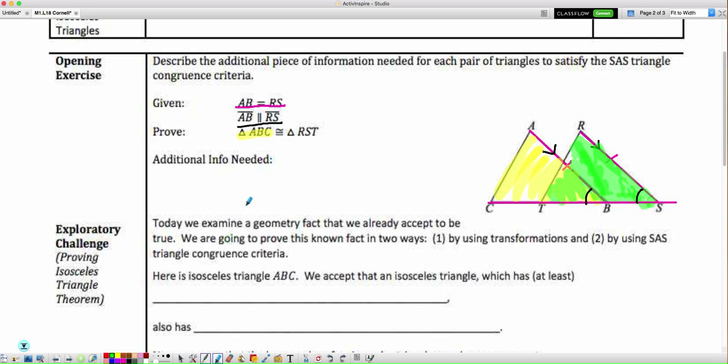So going back to this, I don't need to know that. That's not additional information needed, because I could infer it based on those parallel lines.